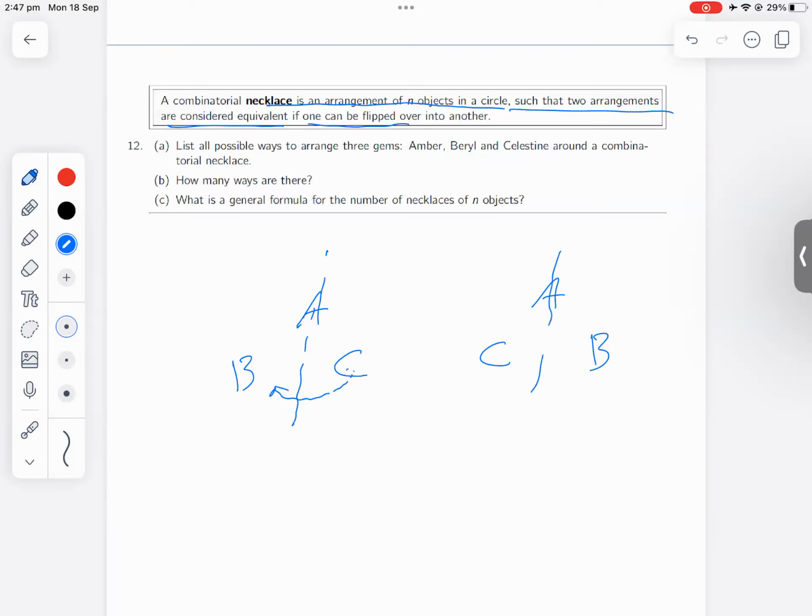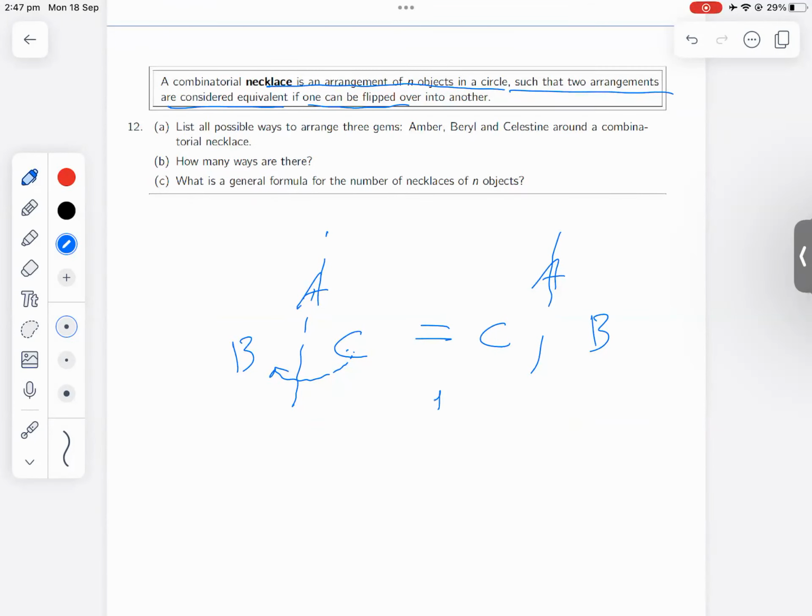So this guy will be the same as the other one, because the reflection is the same as the other one. So as a result, we will have just one necklace, if we consider these two guys as the same thing.